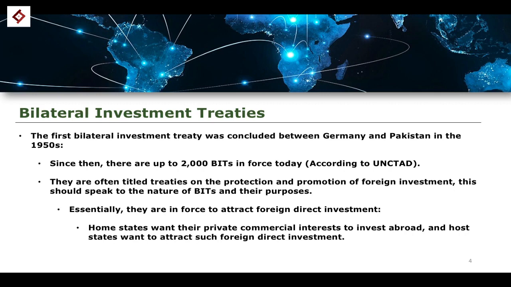We'll get to that in the future anyway. But that is essentially how the relationship works, and this investment dispute settlement system is known as ISDS, or investor-state dispute settlement.